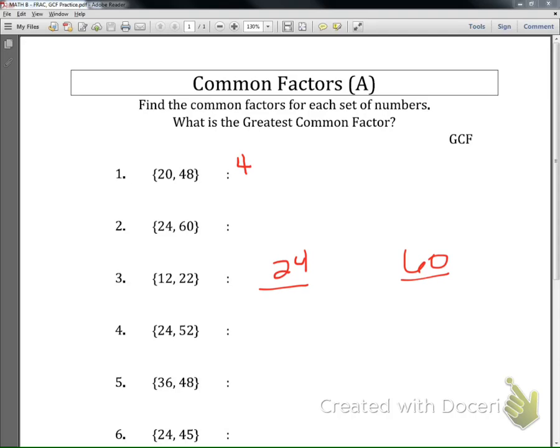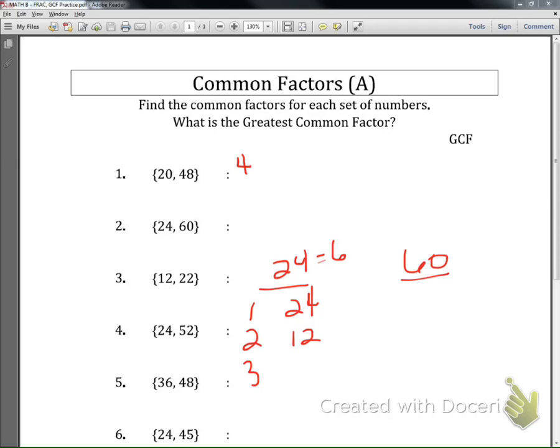Let's write all our factor pairs of 24. 1 and 24. 2, and I know it can be divisible by 2 because 24 is an even number, is 12. Can it be divisible by 3? Let me add up my digits. 2 plus 4 is 6. Oh yeah, 6 can be divided by 3. Now we're not taking 6 and dividing by 3.